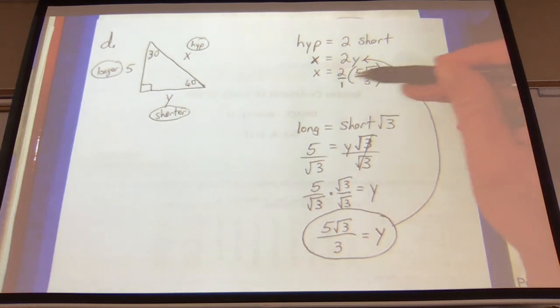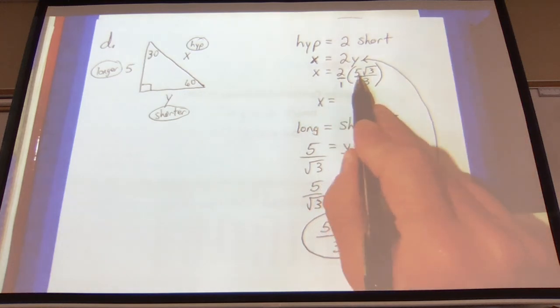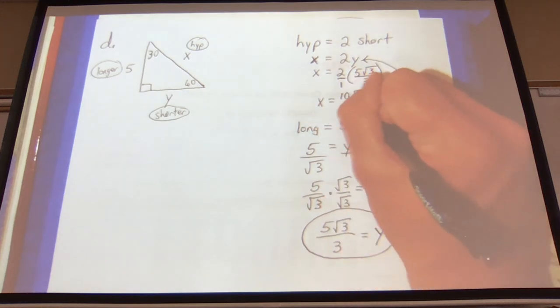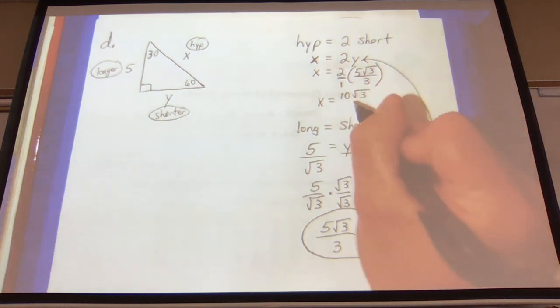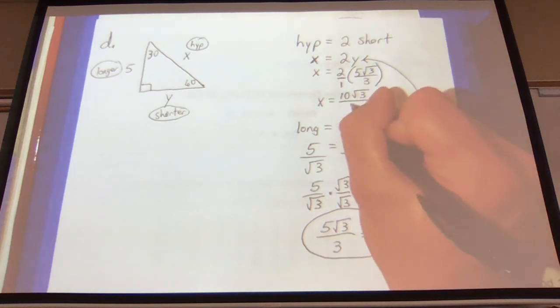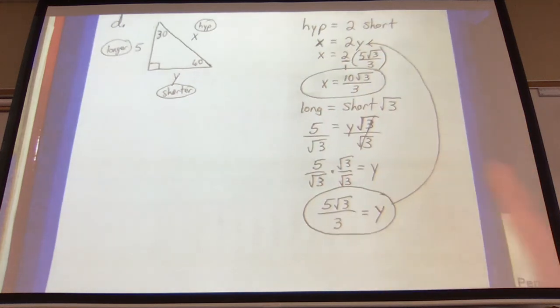But now you can multiply across the top, multiply across the bottom if you do that. 2 times 5 times the square root of 3. 2 times 5 is 10. Get the square root of 3 behind it. And then on the bottom, when you multiply, 1 times 3 is 3. There's your 2 answers, the simplest radical form.